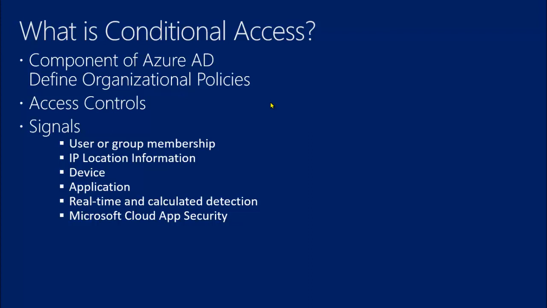Another word for conditions is signals, right? There are a number of signals that you can configure in conditional access, as you'll see. Things from user group membership to IP location, where the device and/or user is located, certain applications, the device type itself, and the device status itself. Real-time and calculated detection methods, which sounds pretty generic, and I get it, but it's out there.